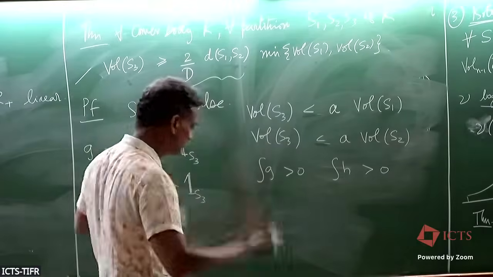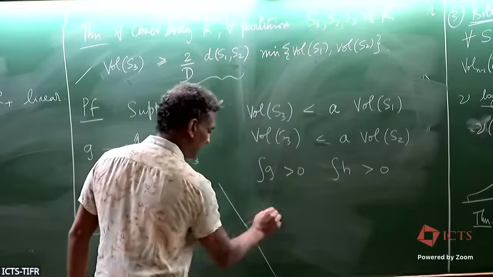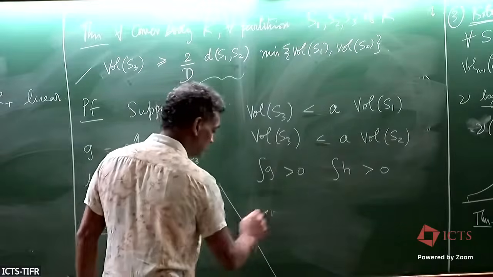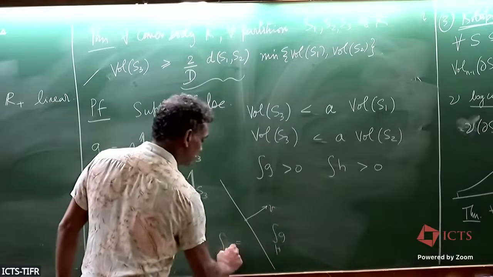All I'm trying to do is find a single hyperplane so that the integral of g on this side is equal to the integral of g on the complement.